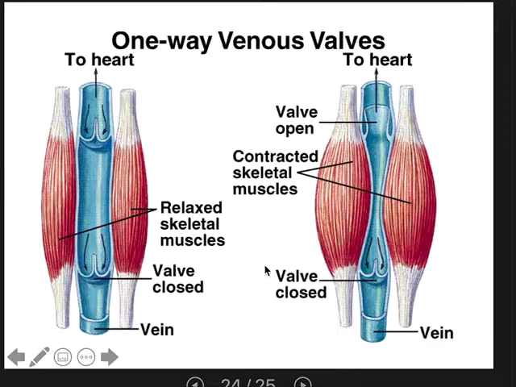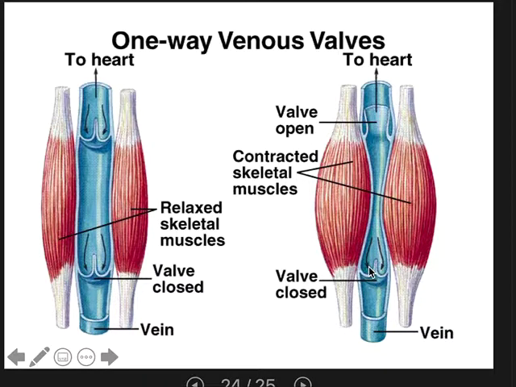Okay, and then these are the one-way valves that I mentioned. So look at this vein. You have a big one-way valve up at the top of the muscle and another one at the bottom of the muscle. So when the muscle squeezes and closes off part of this, it pushes on this vein, and blood is going to want to move up and it's going to want to move down. But this valve is closed.